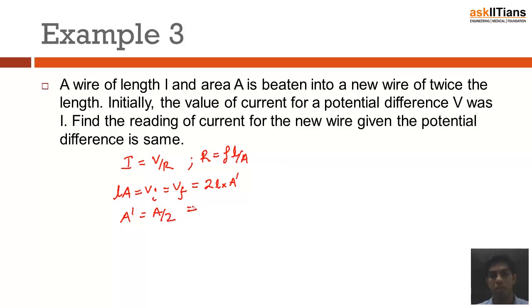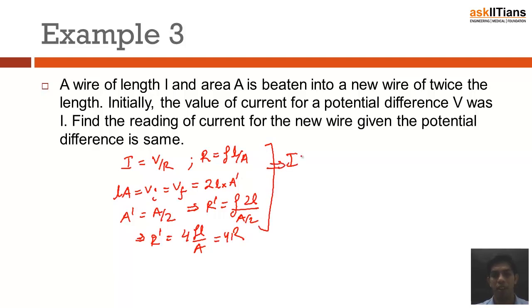So the new resistance is equal to ρ times 2L divided by A/2. This implies the new resistance is 4 times ρL/A, which equals 4R. So the new current reading will be V/4R, that is I dash is equal to I/4, one fourth of the initial reading.